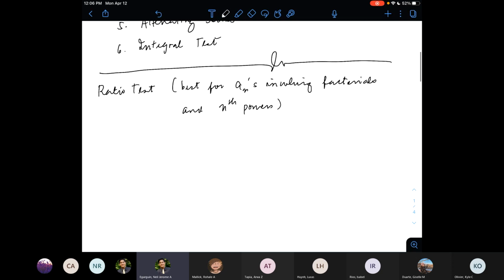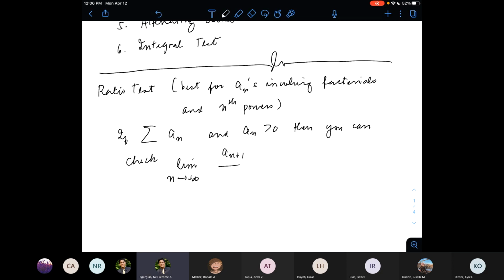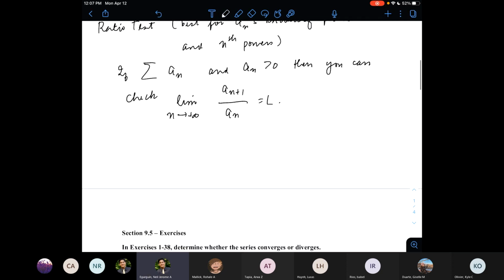Here, if your series is the sum of a sub n and a sub n is positive, then you can check the limit, as n approaches infinity, of a sub n plus 1 over a sub n, and say it's equal to L, all right?